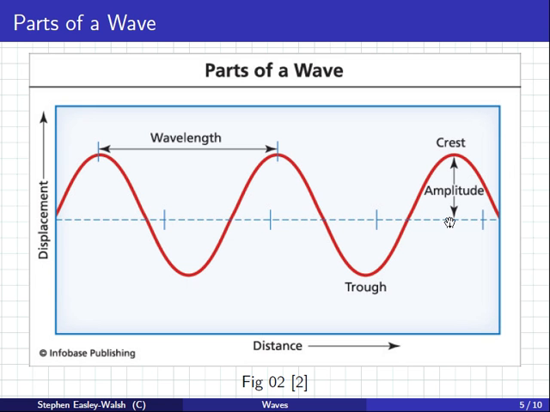The amplitude is the maximum displacement from the equilibrium position. You could call this max and min, peak and valley, but the proper words are crest and trough, and I'll try to use those words. I'd like you to draw this into your notes.